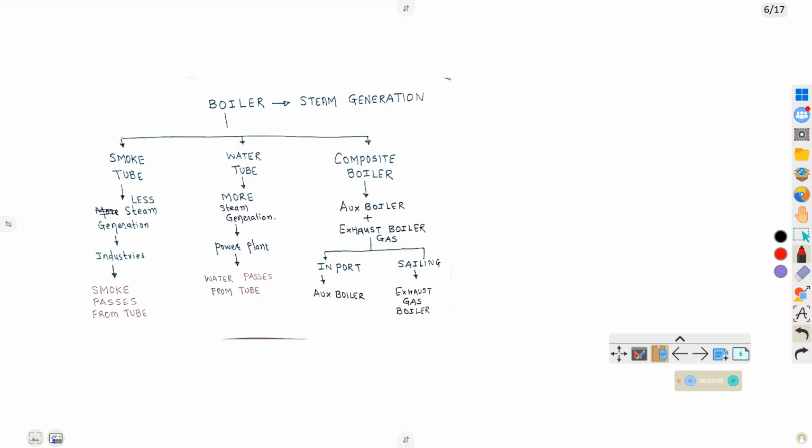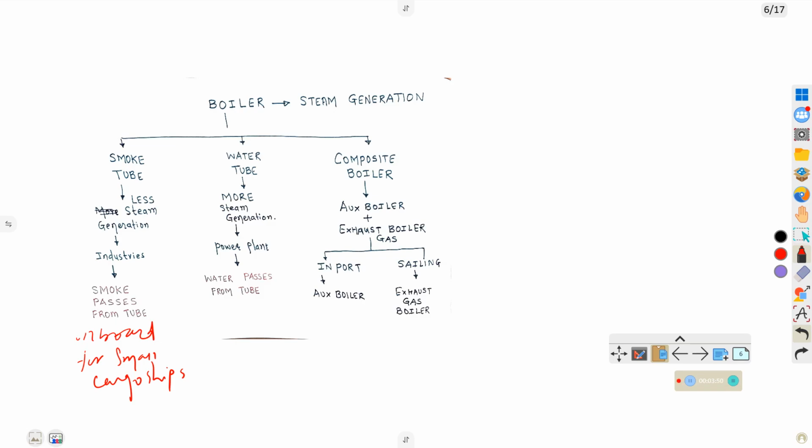Smoke tube boilers produce less steam and are usually used for small industries, and also onboard small cargo ships. Water tube boilers produce more steam and are used for power generation, in power plants.